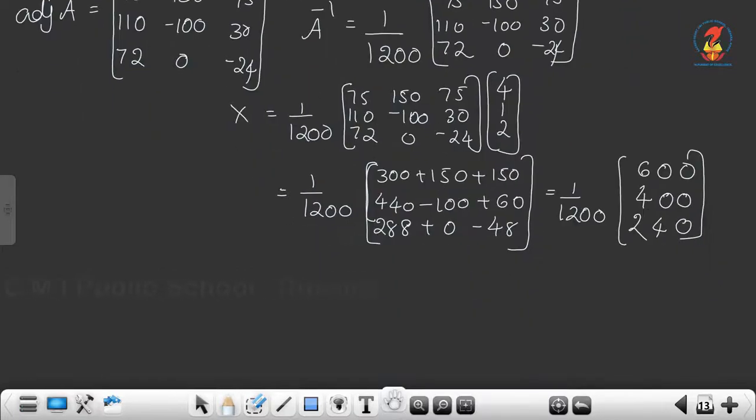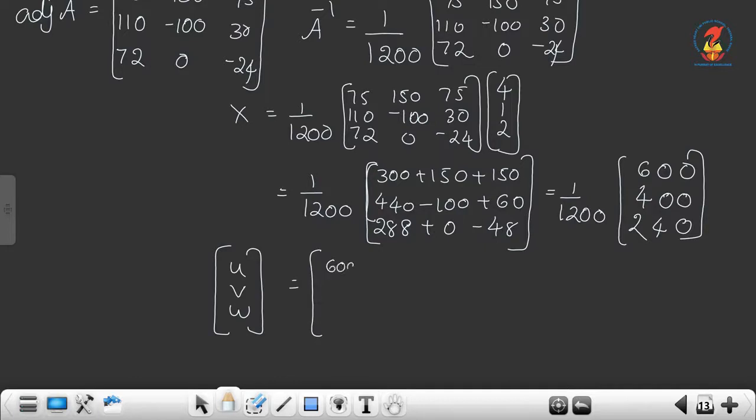Okay, so what is X? Sorry, not X, Y, Z. Here we have u, v, w. [u, v, w] is equal to 600 by 1200, 400 by 1200 and 240 by 1200.